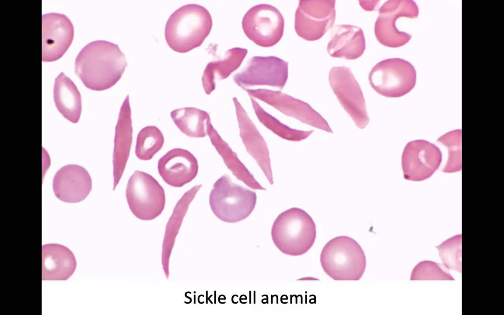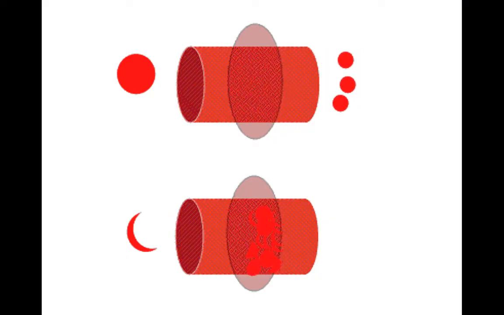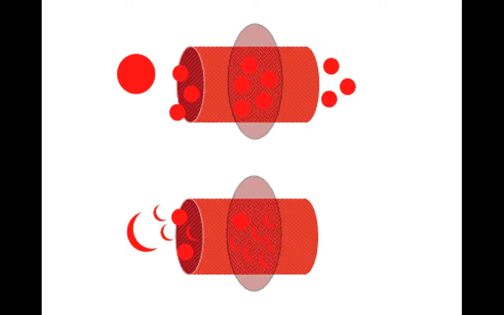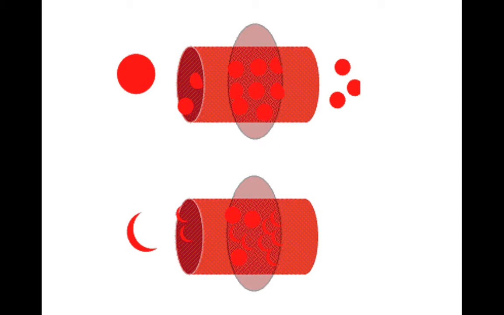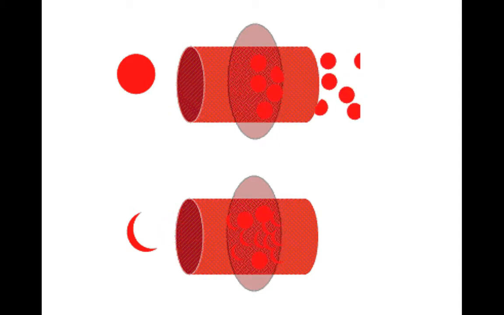So this is showing you some of the irregular shaped or sickle-celled red blood cells. You can see in the top picture just normal red blood cells cruising through a blood vessel, but when the cells in the bottom picture are sickled, they start to get stuck in the wall of the blood vessel as well as stuck in each other.